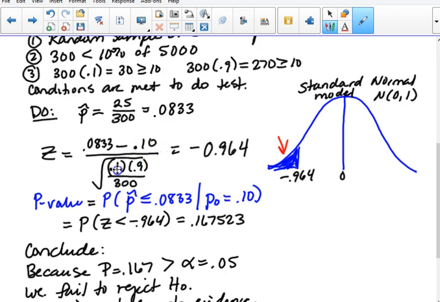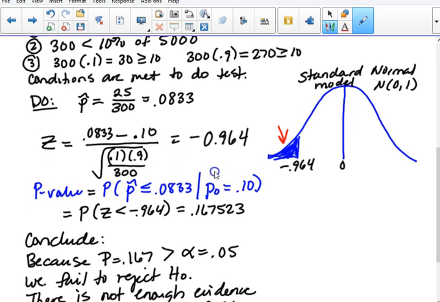Notice we use 10% and 90%, not 0.0833 and 1 minus 0.0833, because this model is based on the population proportion of 10%. So we want to know how far away 0.0833 is. It turns out that it is about -0.964 standard deviations from the mean.